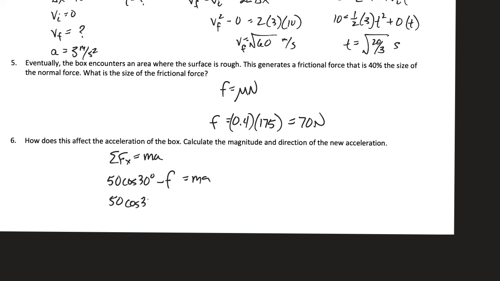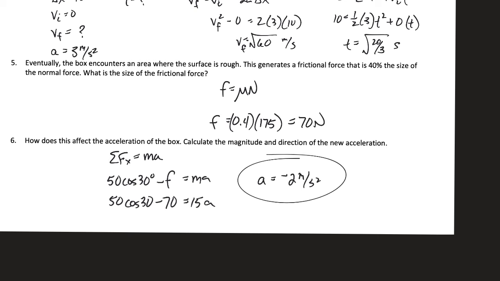So 50 cosine 30 minus 70 equals 15 times a. And this is going to be negative because 50 cosine 30 has got to be less than 70. So it's going to slow the box down. I think this came out to be like negative 2.